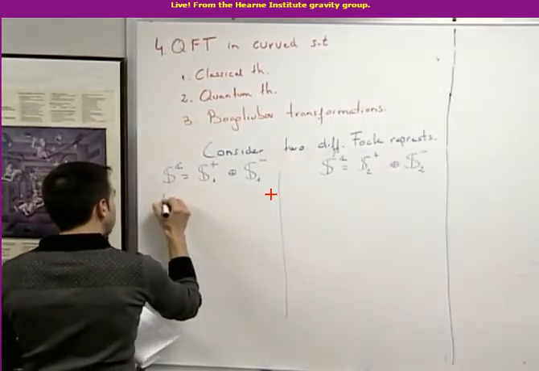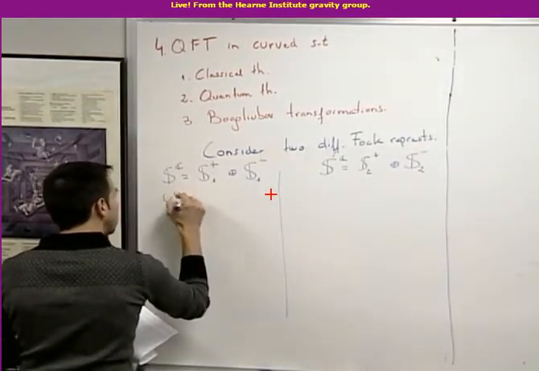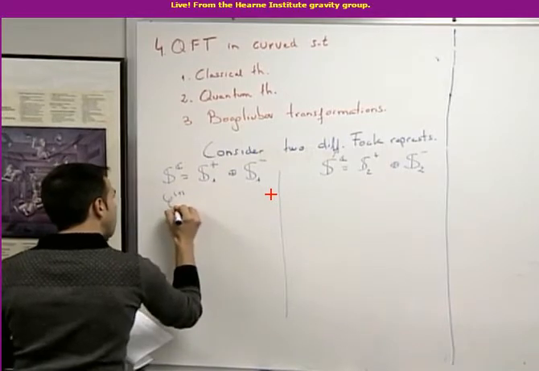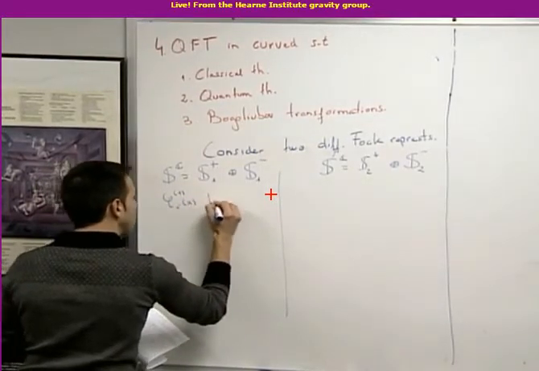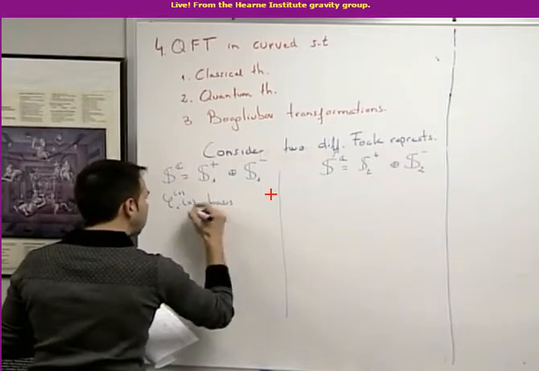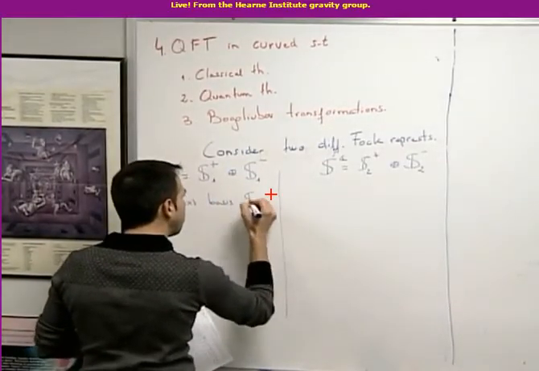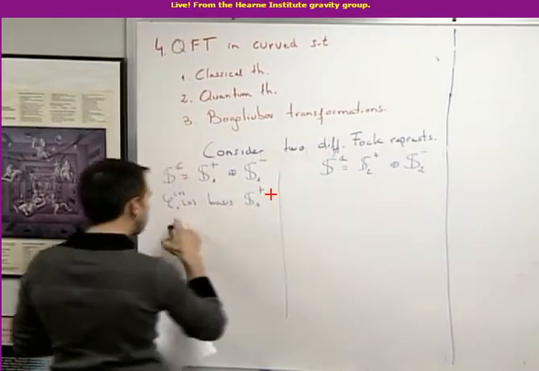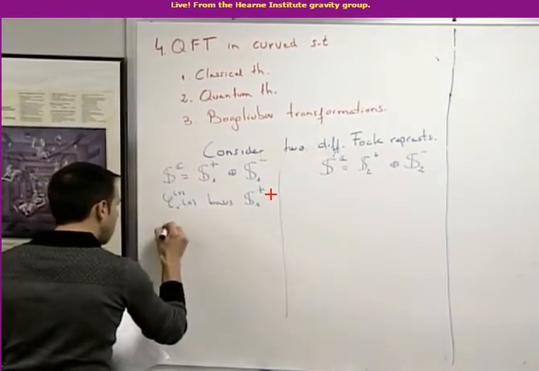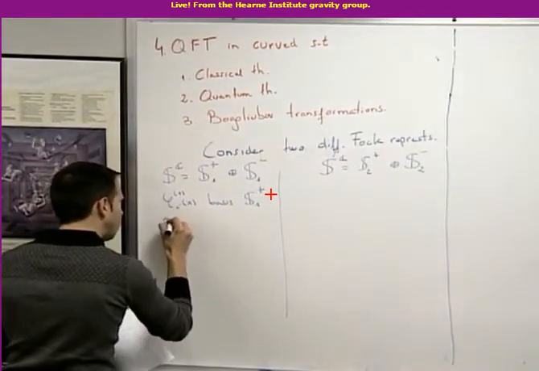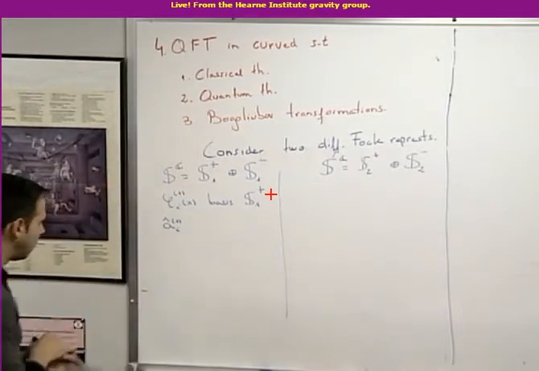And here we have our basis. I'm going to call it basis 1 with index i. The basis is always orthonormal, so I don't write it, but I think it's orthonormal. We have our creation and annihilation operators.